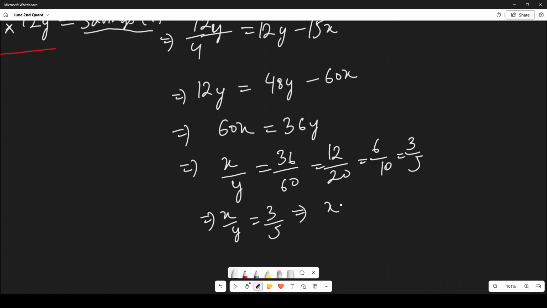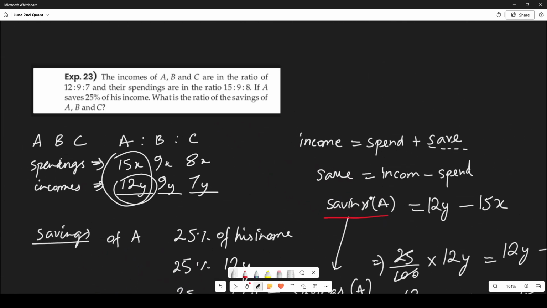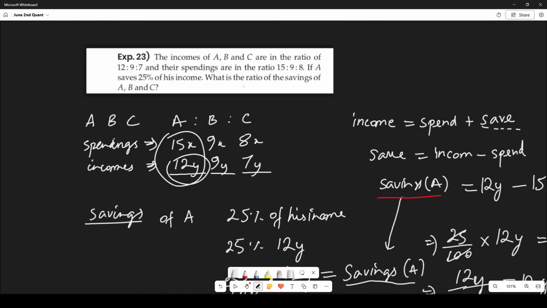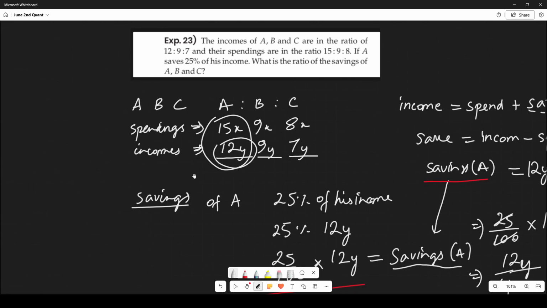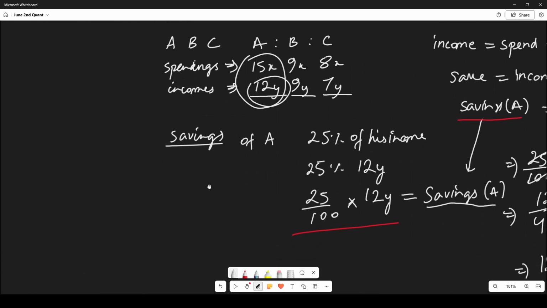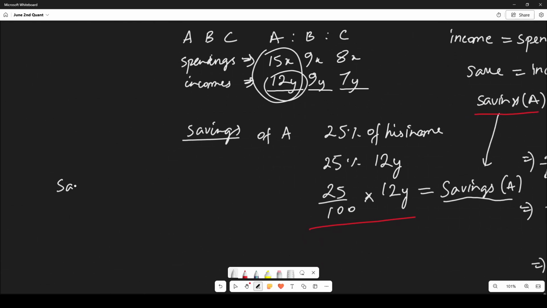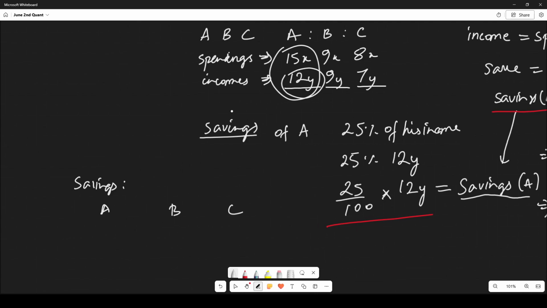Now we found the value of x, and we also found the value of y. What do we want to find anyway? The ratio of the savings of A, B, and C. We don't really know the savings, but we can write it down quite easily. The savings of A, B, and C is the income minus the spendings.